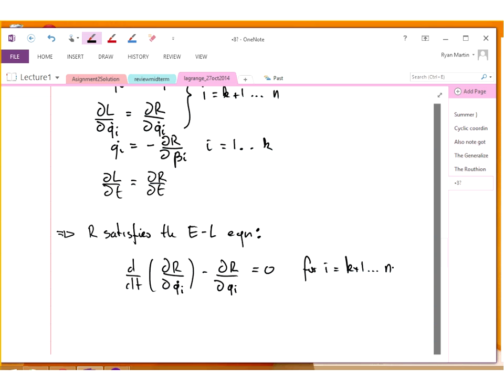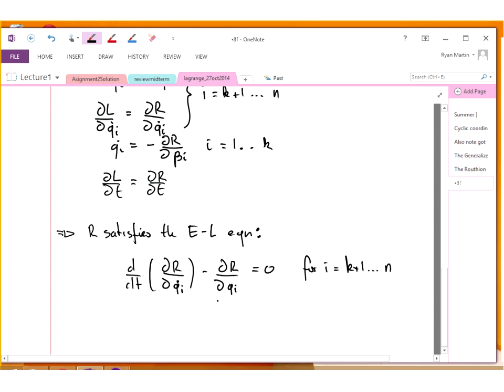We asked ourselves, isn't there a way to solve a problem by completely getting rid of the k cyclic coordinates? And the answer is yes. You have to construct this quantity called R, the Routhian, and then you get the k plus 1 to n differential equations. So that gives you the equations of motion for i equals k plus 1 to n, and the equations of motion for i equals 1 to k are trivial.